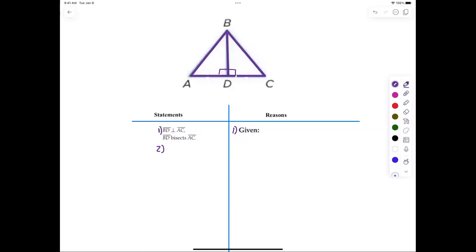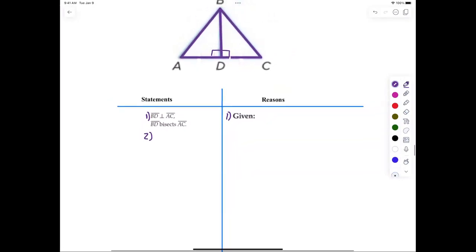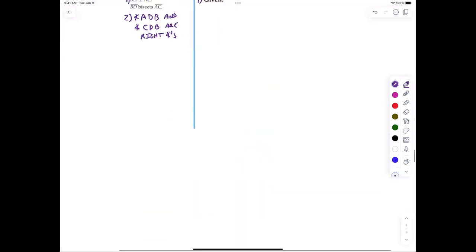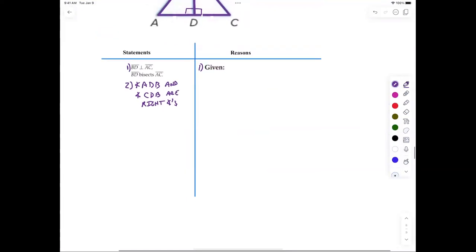Definition of perpendicular. It says BD is perpendicular to AC. Lines that are perpendicular form what? Right angles. So you're going to say that angle ADB and angle CDB are right angles, and they are right angles because of the definition of perpendicular.